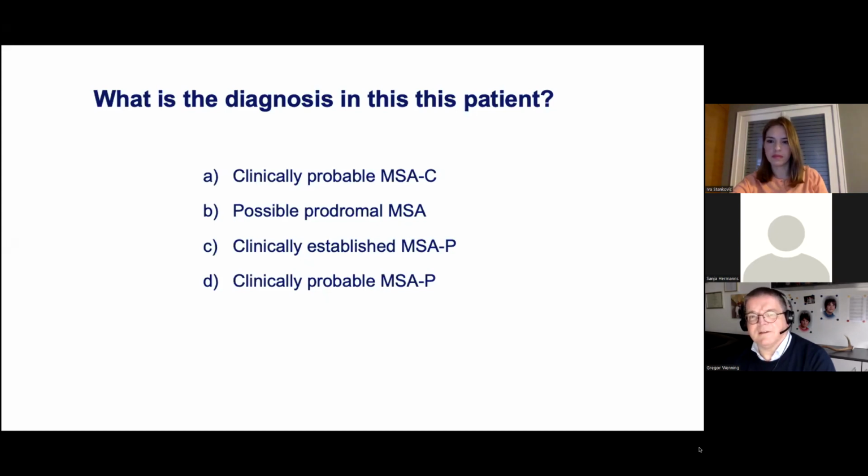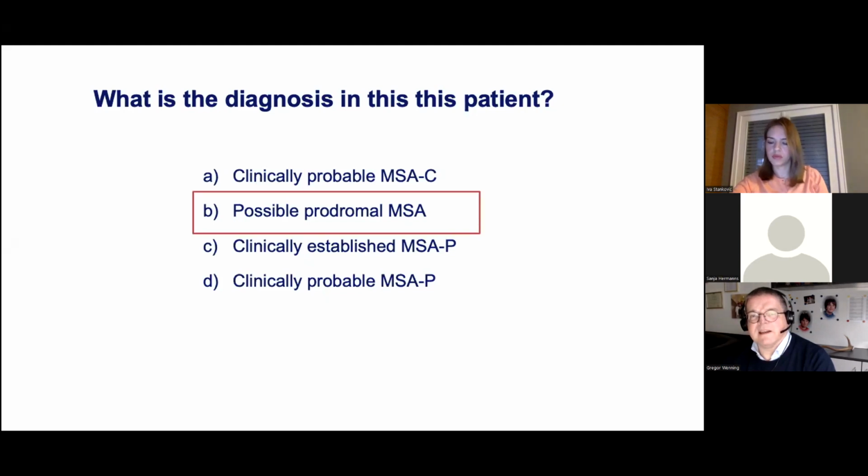Okay, I think the vast majority of people concluded that this satisfies the criteria for possible prodromal MSA, 77% of cases.